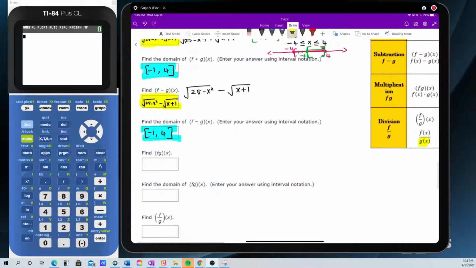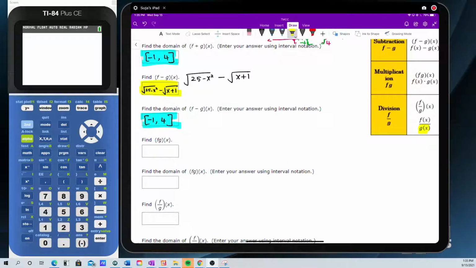Okay. For the third one, I need to multiply these two functions. So here, when I multiply f of x times g of x, I have a square root of 25 minus x squared times square root of x plus 1. Now, I have something called a product rule. The product rule states that if I have radicals, and if the index numbers are the same, and if it's multiplied, then I can write them under the same radical sign with the same index number.